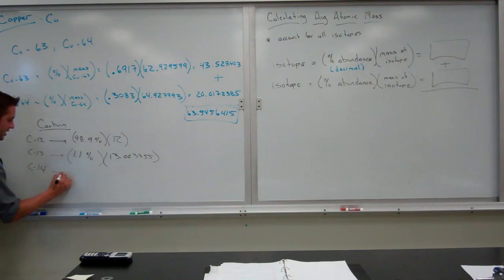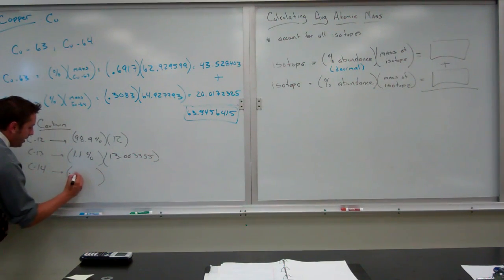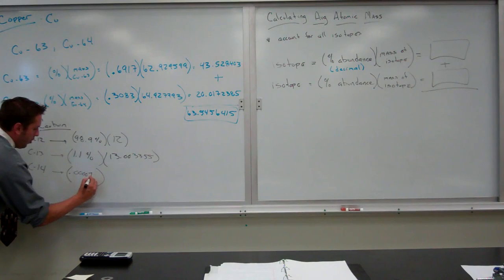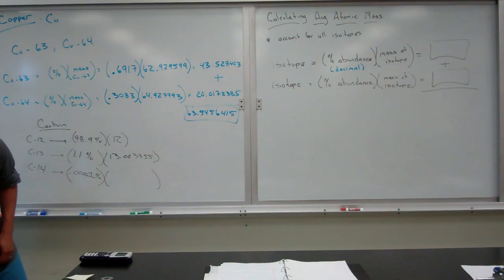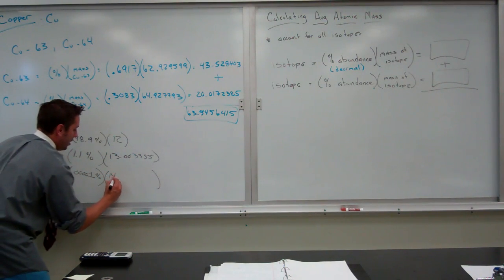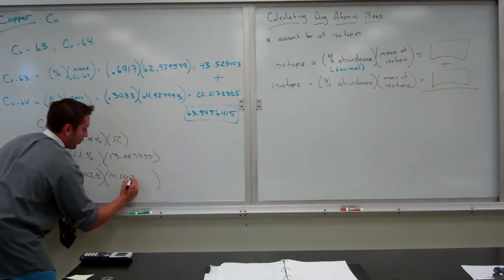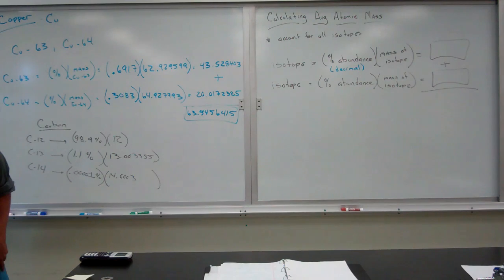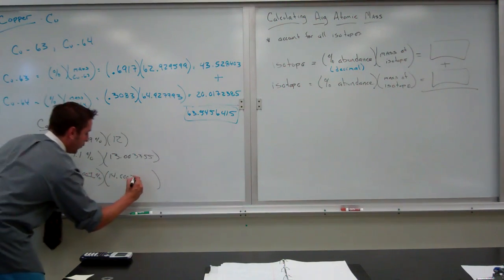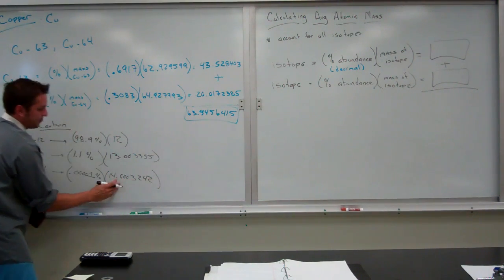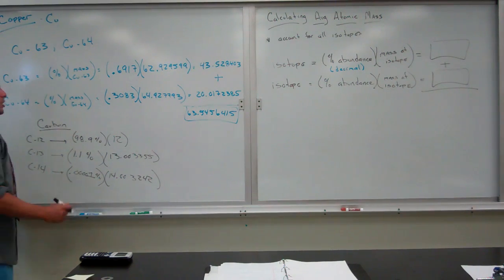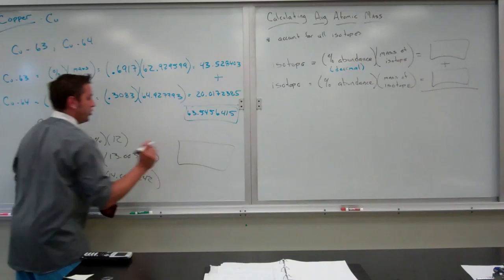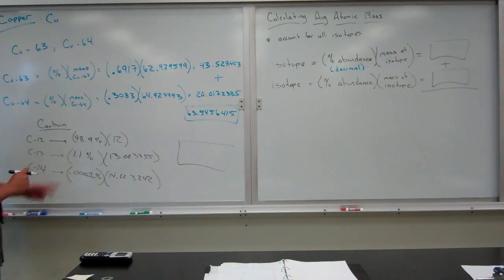And lastly, C-14 is 0.00001%, and carbon 14's mass is 14.003242. So go ahead and get what you believe the mass of that to be.